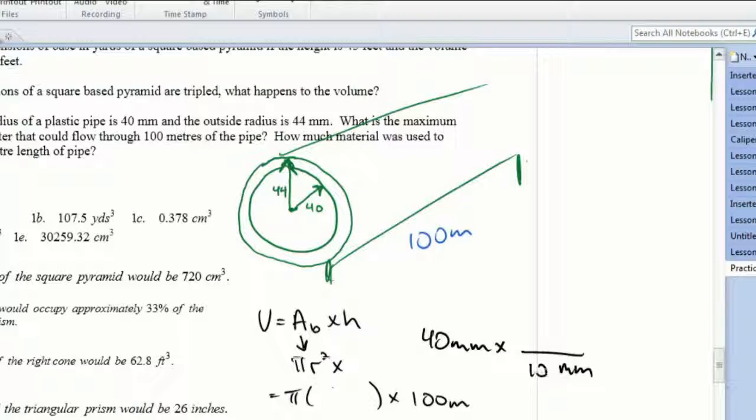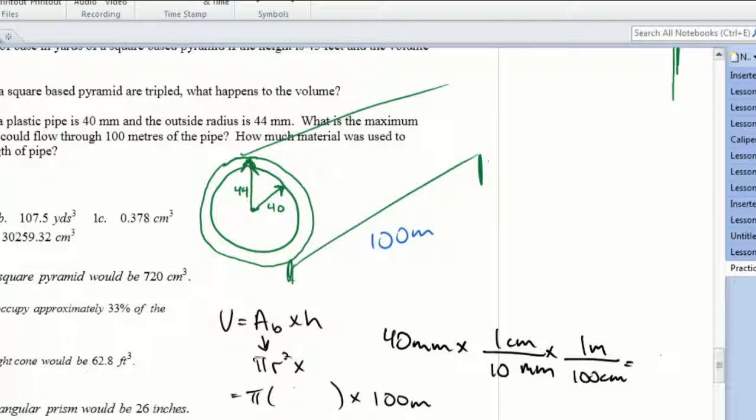There are 10 millimeters in 1 centimeter, and 1 meter is 100 centimeters. So I'm going to take the 40 divided by 10 divided by 100. And again, we're just moving decimals over. So I get 0.04 meters for 40 millimeters.